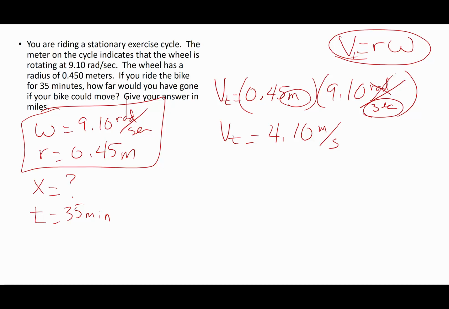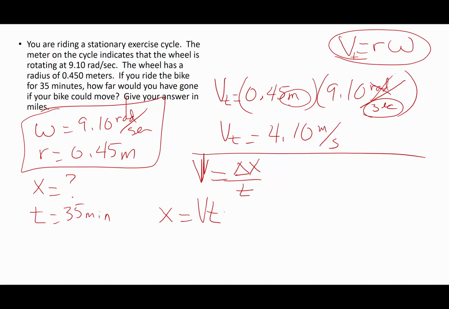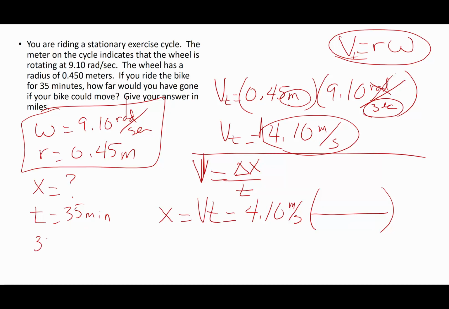In order for us to find displacement, I'm going to use the simple equation for average velocity, change in displacement over time, or x is going to be velocity times time. My straight line velocity, 4.1 meters per second, times my time, but I've got 35 minutes. Oh, I can't mix minutes and seconds, so I'm going to have to do a little converting.